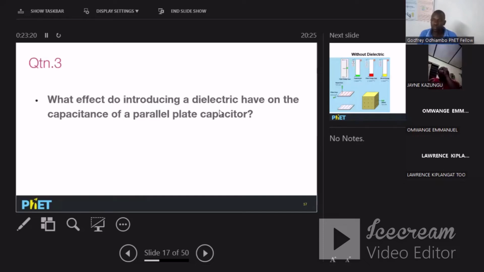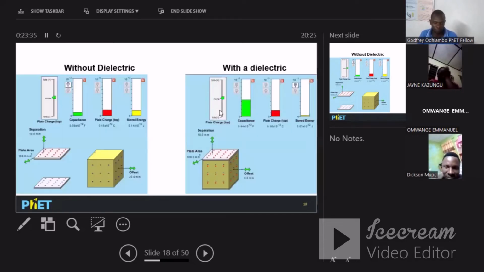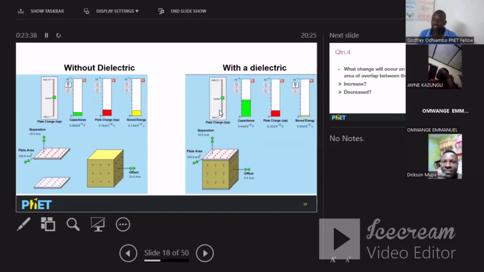The third question is, what effect does introducing a dielectric have on the capacitance of a parallel plate capacitor? On the left, there is no dielectric between the plates, and the capacitance is 0.09 times 10 to the negative 12. On the right, there is a dielectric between the plates, and the capacitance is 0.44 times 10 to the negative 12 farads. So the student is able to use the sim to gain some knowledge.